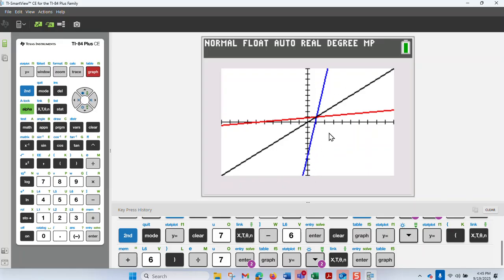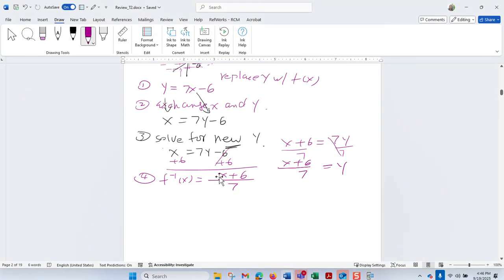Y will also be all real numbers, okay? And the inverse is also a straight line. There's no x in the denominator or under the square root. So this inverse domain and range is also all real numbers, okay?